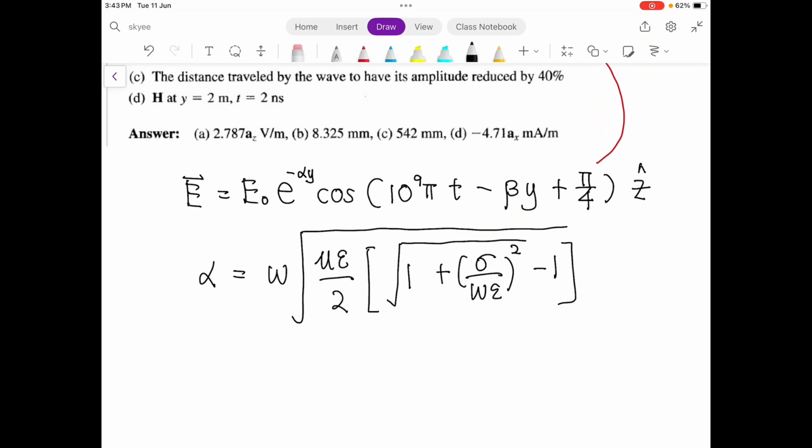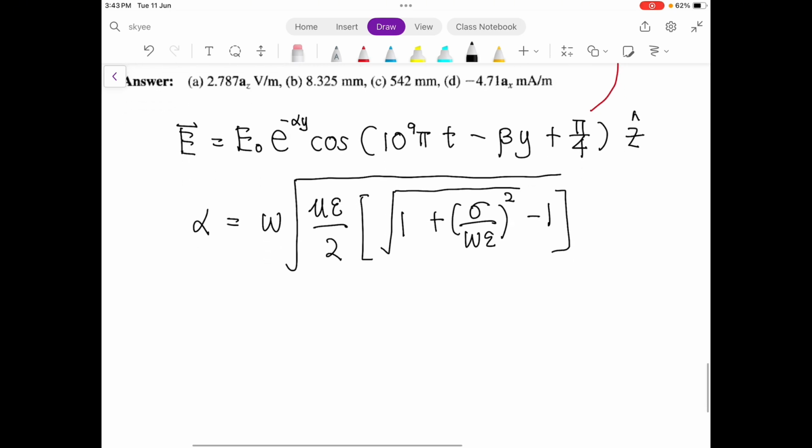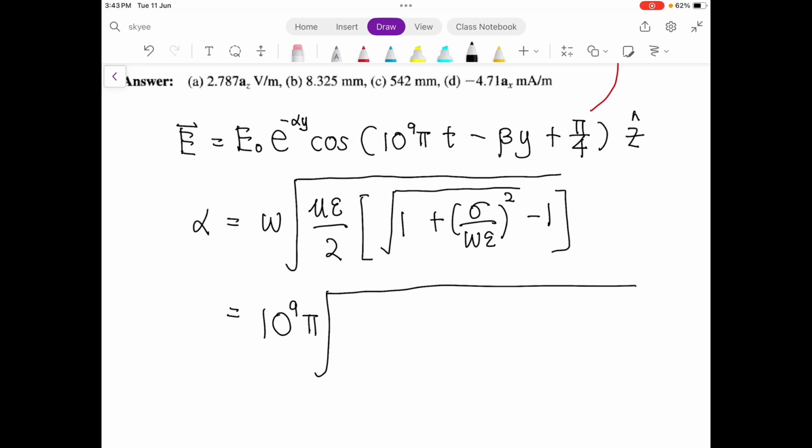So this will be the equation. Let's replace the values: 10 power 9 pi.